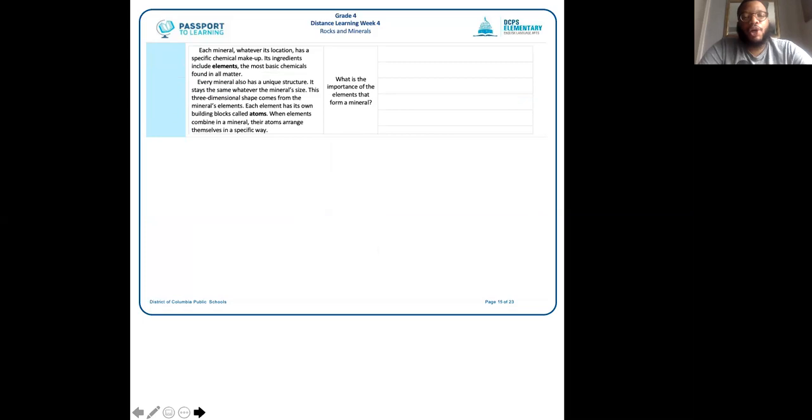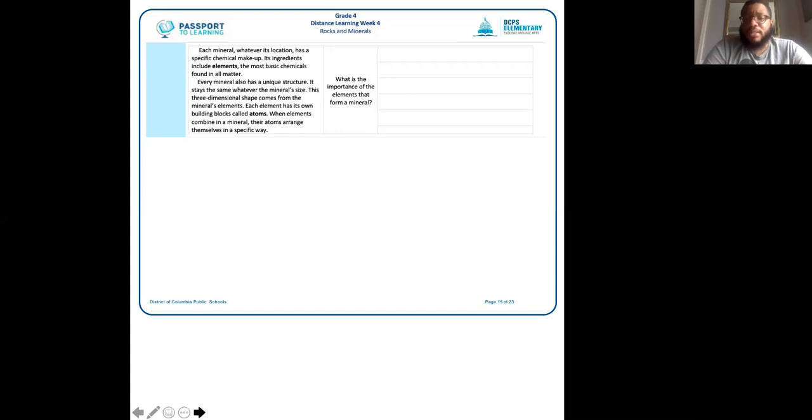Its ingredients include elements, the most basic chemicals found in all matter. Every mineral also has a unique structure. It stays the same whatever the mineral size. This three-dimensional shape comes from the mineral's elements. Each element has its own building blocks called atoms. When elements combine in a mineral, their atoms arrange themselves in a specific way.